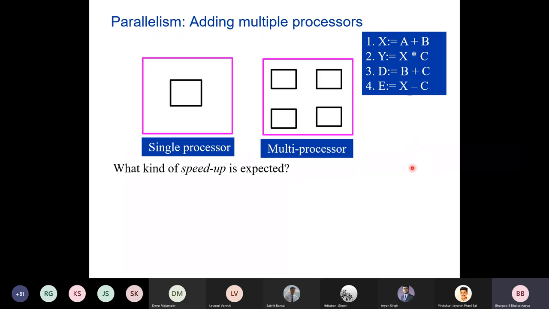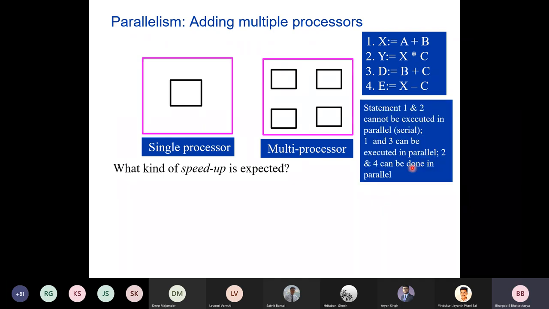So here you have similar things: some portions remain unaffected, even though you have more processors, but that doesn't help. Statements 1 and 2 cannot be executed in parallel. They are serial components. 1 and 3 can be executed in parallel. Similarly, 2 and 4 can be executed in parallel, and so on. So there are some serial components, some parallel components. Serial components you cannot speed up.